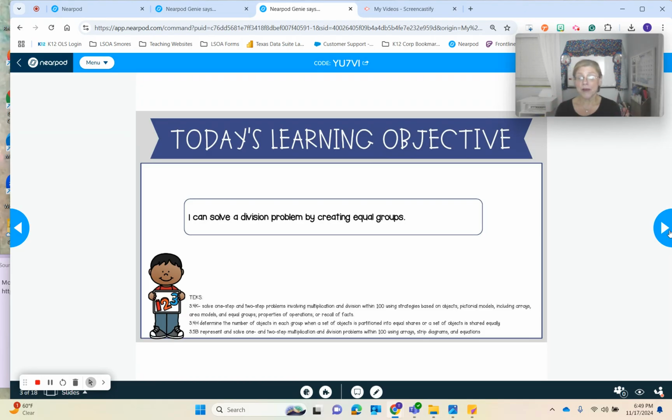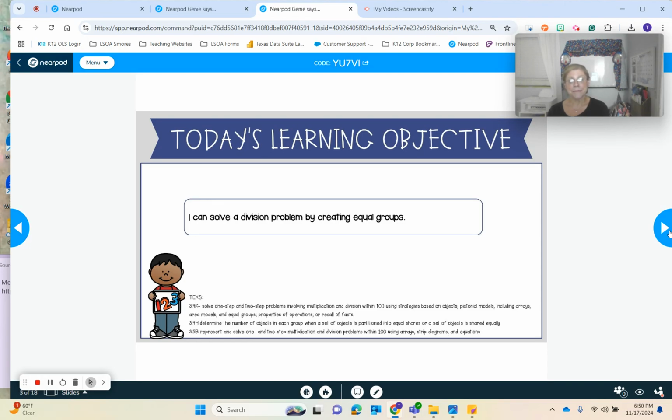Now, before we go any further, you might have noticed a major change in your math OLS. Just like how Engagely has not been our friend this year, the math and science OLS has not been our friend, especially Miss Smith's friend. And it has changed your math plan around multiple times.